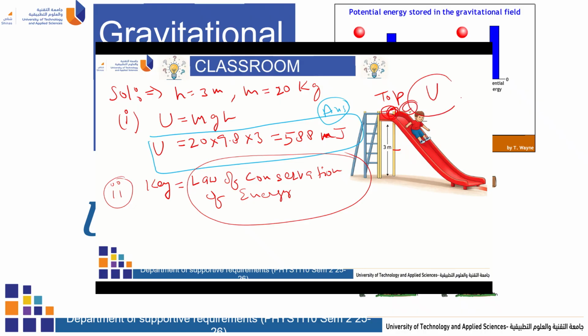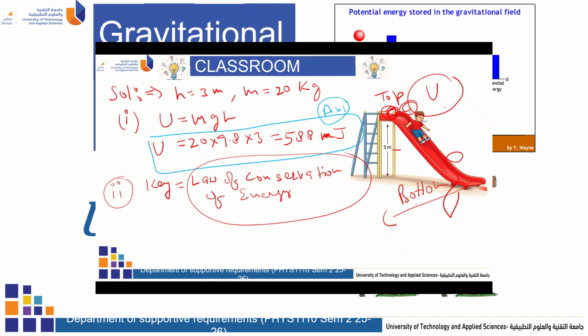Only potential. So once the child or the system is changing position, coming from here to here, at the other position, in this case at the bottom, the energy is not going to be wasted. The energies are changing from one form to the other form.